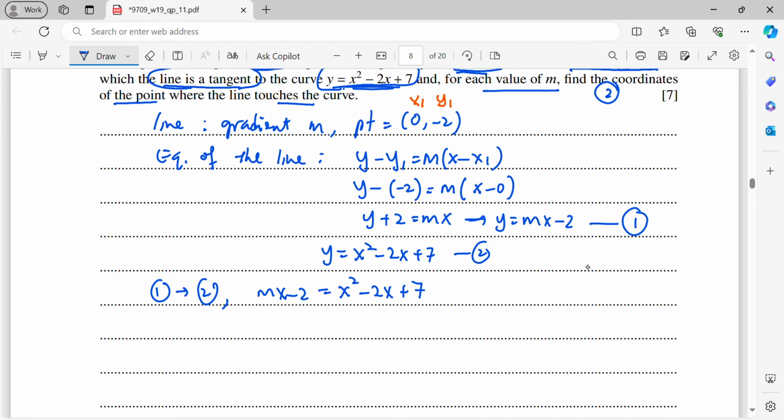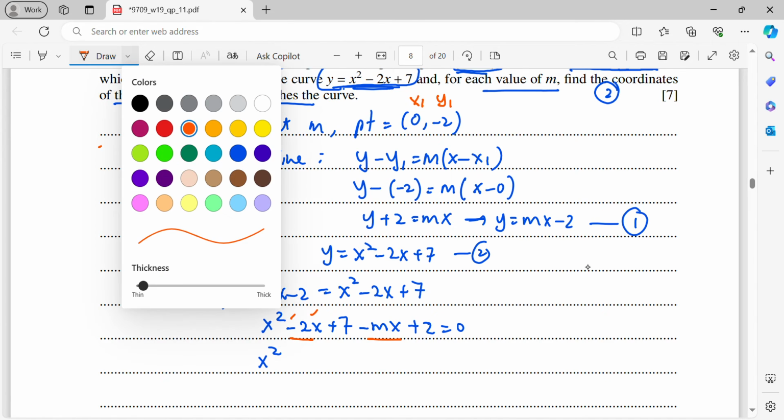So move all the terms to the right side and let it be 0. I will get x squared minus 2x plus 7. The mx will move, it becomes minus mx. The minus 2 becomes plus 2. Then from here I will get x squared. Now look at this, minus 2x minus mx. I may factorize minus x, the common term from both of them.